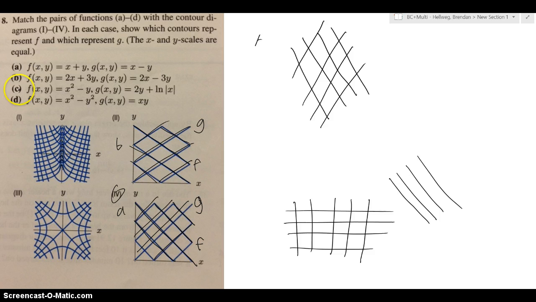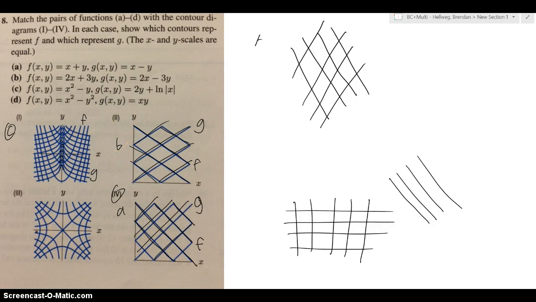So we can see that C is going to be going with 1, and from the looks of it, from these peaks all along the y-axis, these horizontal curves are going to be representing G, while the more vertical curves are going to be representing F.